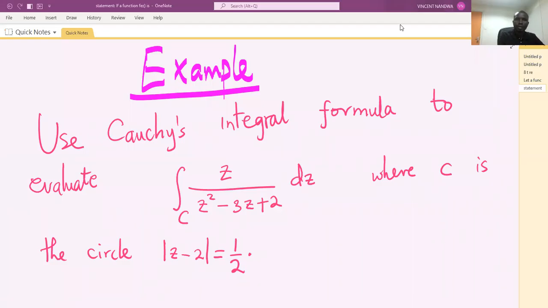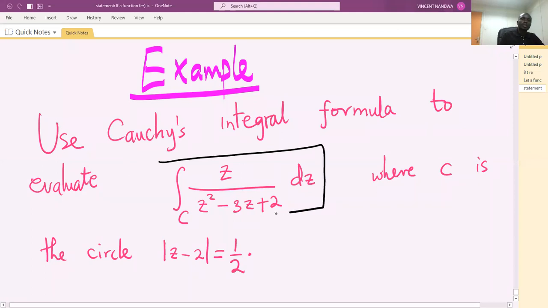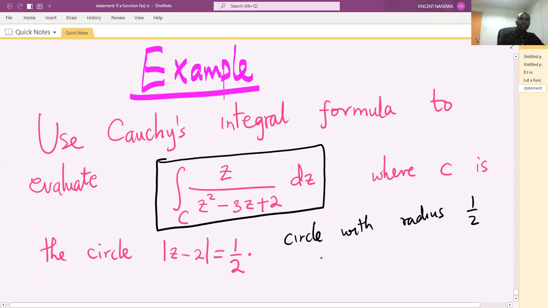Welcome to this session. In this session, we have been asked to solve a problem using Cauchy's integral formula to carry out this integration, where C is a circle with radius a half, centered at z equals 2.